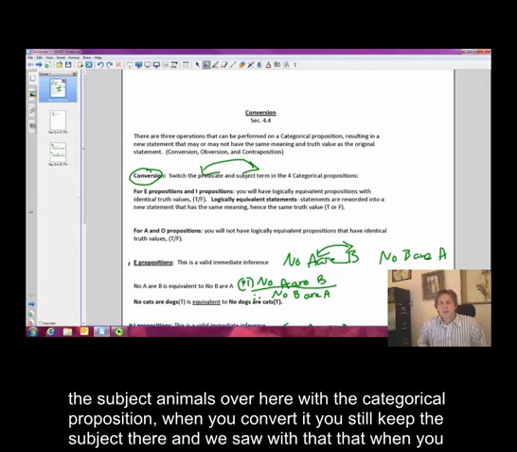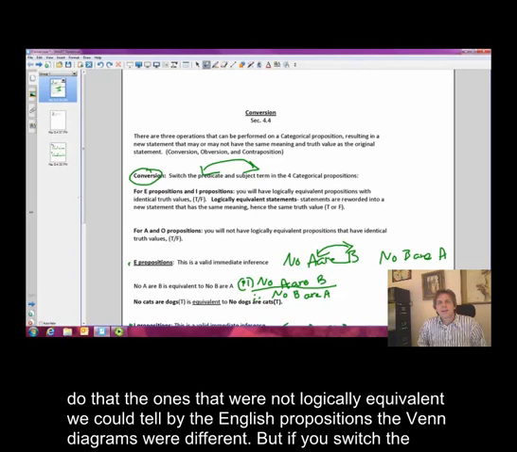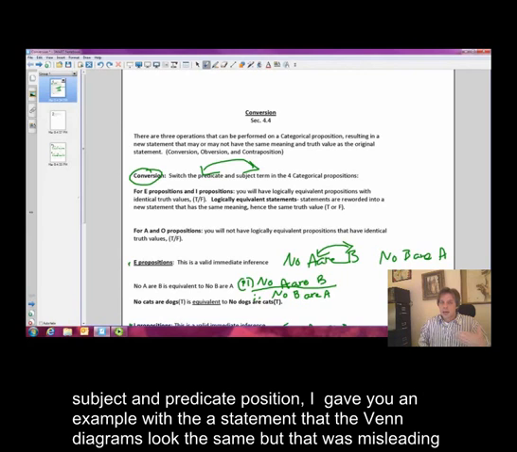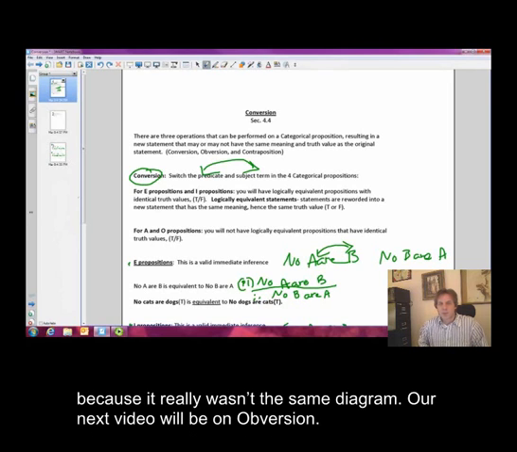And we saw with that when you do that, the ones that were not logically equivalent, we could tell by the English propositions, the Venn diagrams were different. But if you switch the subject and predicate position, I gave you an example with the A statement that the Venn diagrams looked the same, but that was misleading because it really wasn't the same diagram. Okay, our next video will be on obversion.